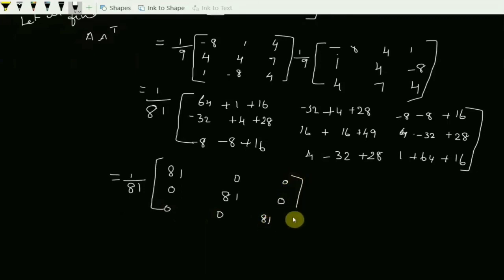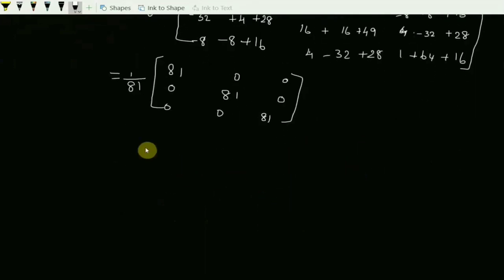So when you divide by 81, you get 1 by 81 times 81, 1, 0, 0. Similarly 0, 1, 0, 0, 0, 1.